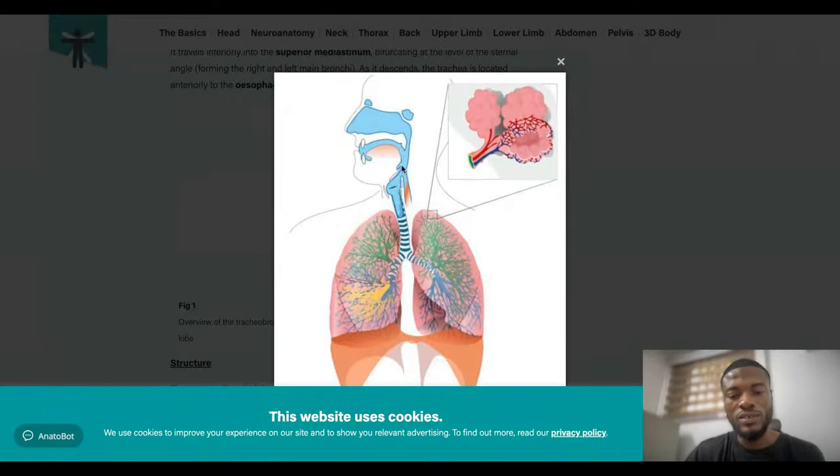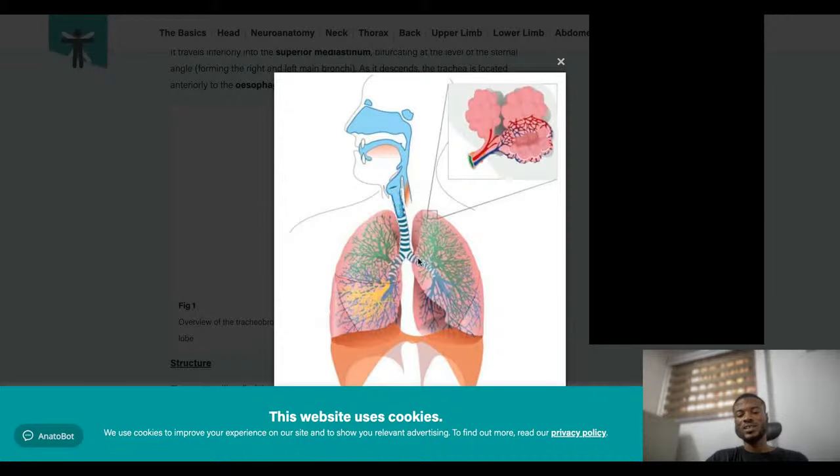So we have the nasal cavity, the pharynx, the buccal cavity, the pharynx. So nasopharynx, oropharynx, the larynx. Then you enter the trachea. Then the trachea will bifurcate.